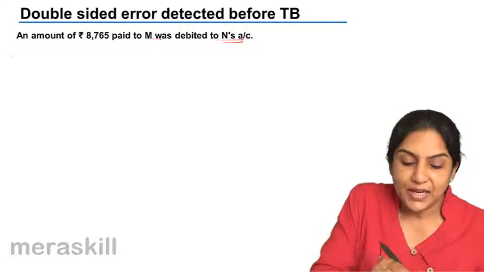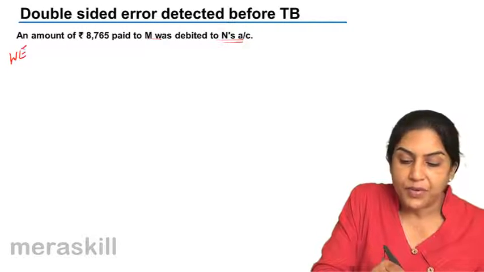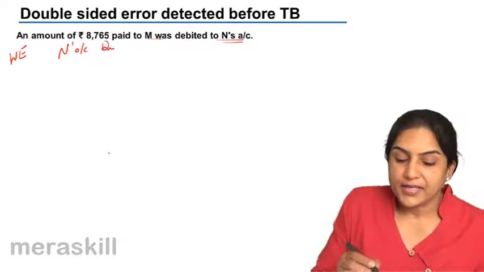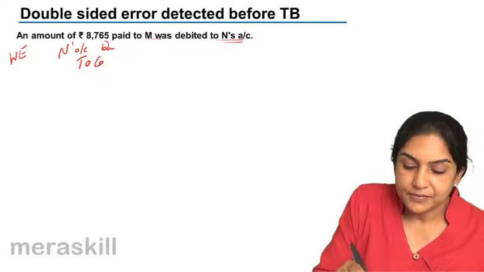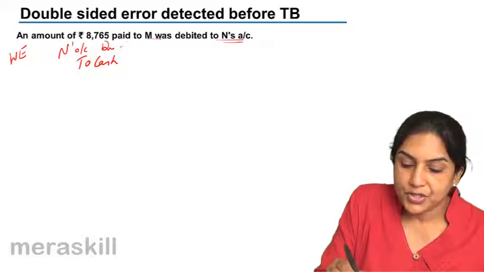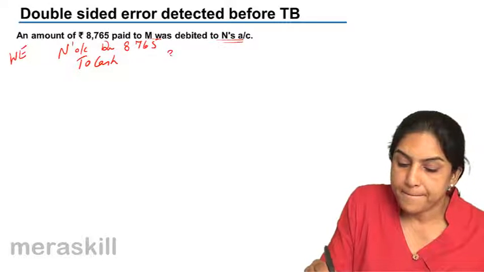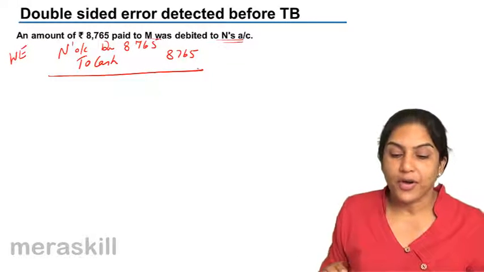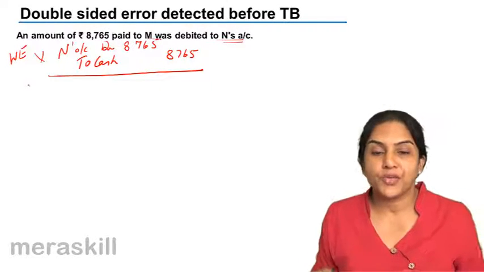So basically, the wrong entry that we passed is N's account debit to cash 8765. This is the wrong entry. So what did we say we'll do?